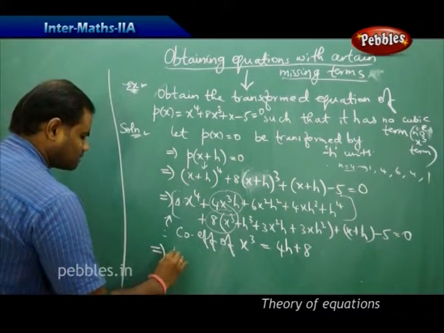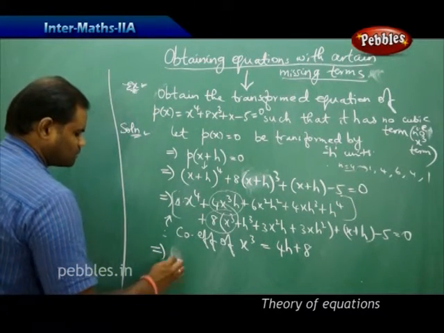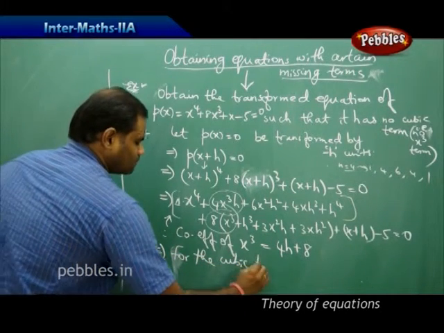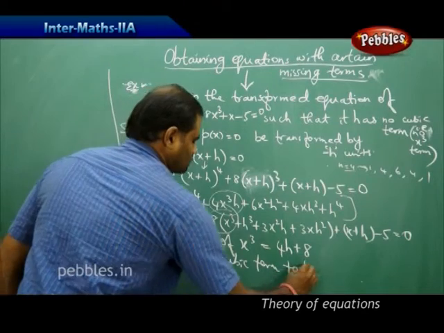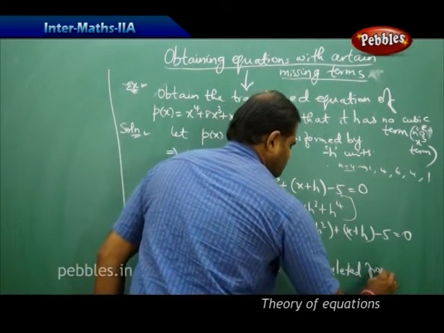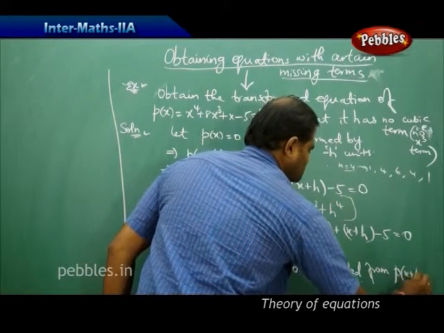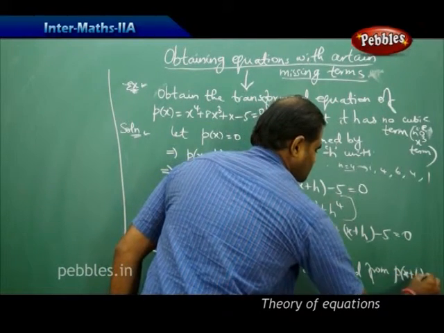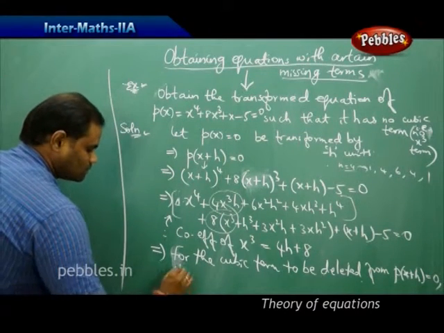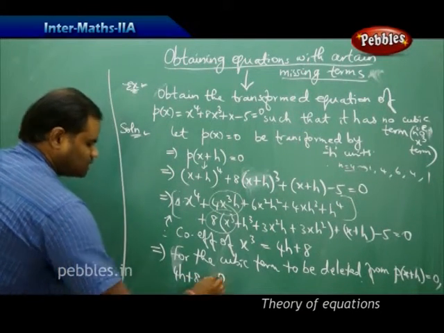That implies for the cubic term to be deleted from p of x plus h equal to 0, this must be equal to 0.